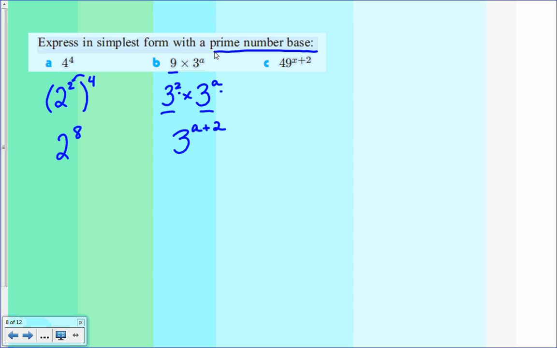Here I have 49, which is not prime, but it is 7 to the power of 2, which I want to write as x plus 2. Now if I raise a power to a power, that means that I multiply the exponents. So I write it like that, which I can further simplify by distributing there to get 7 to the power of 2x plus 2.